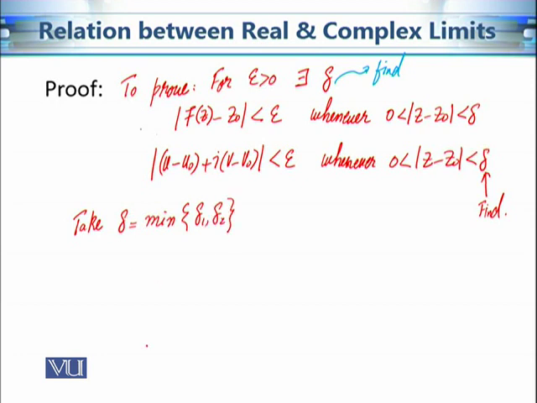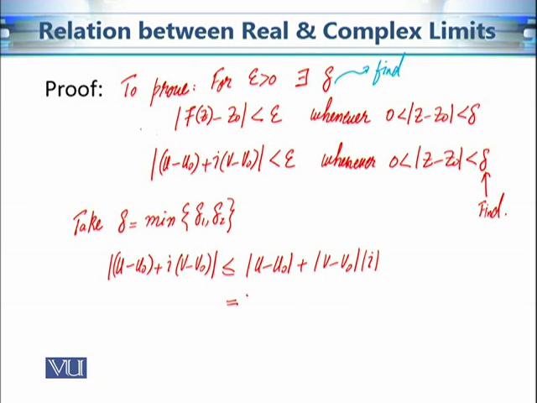Now let's see how it will work. So now this u minus u naught plus iota times v minus v naught, we want to prove that this should be less than epsilon. So this is less than or equal to the modulus of u minus u naught plus the modulus of v minus v naught, and of course modulus of iota is equal to 1.